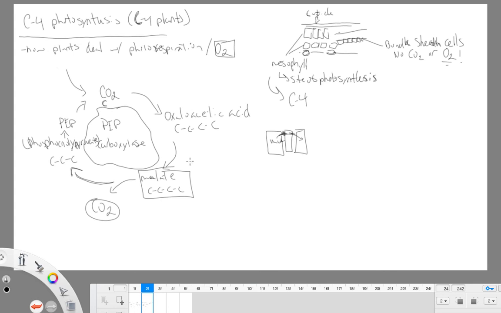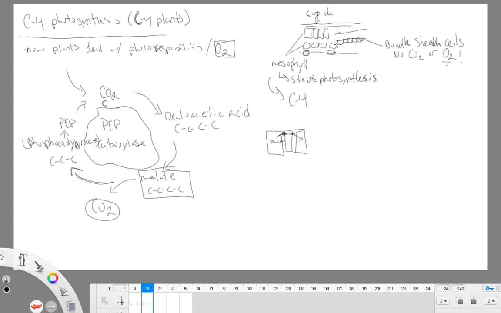But luckily, our malate can break down into carbon dioxide. Right? So our malate builds up in our bundle sheath cells, and there it transfers into carbon dioxide and back into PEP, and that PEP goes back out to our mesophyll cells.